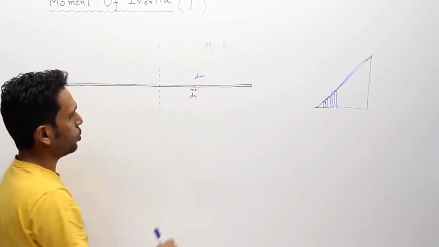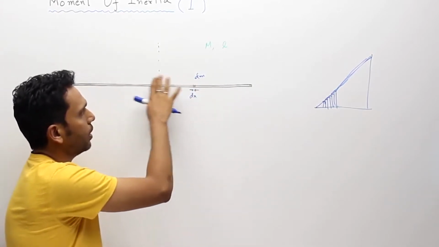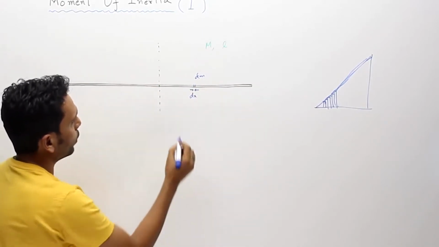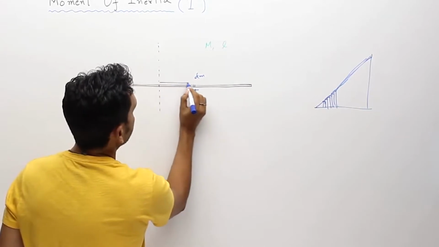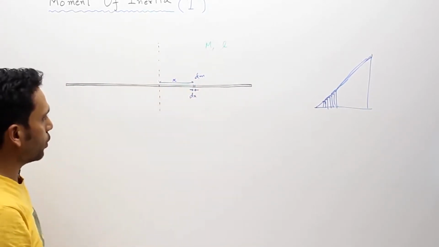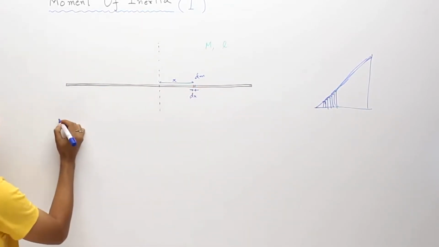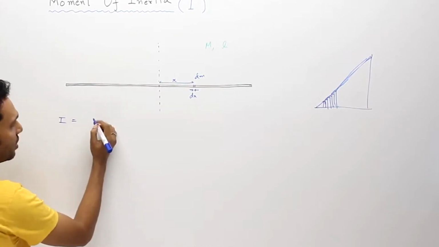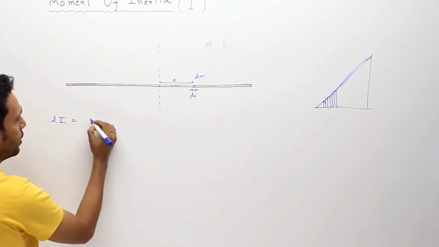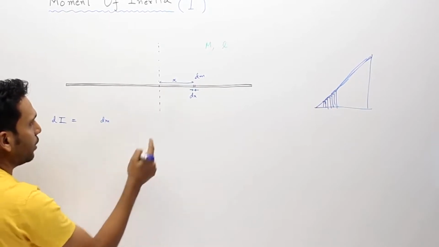So once you have chosen the dm correctly, then you have to specify the distance. There has to be a variable for how far the dm is from the axis of rotation. So in this case, say x is the distance. These two variables are very, very important for you, because ultimately the small moment of inertia of that thing, since it is dm, I'll call it dI, small moment of inertia, is equal to that mass, which is dm, into the distance squared.